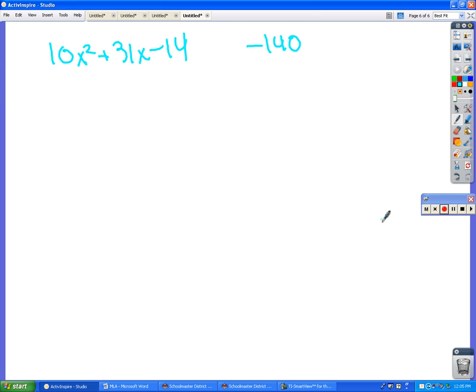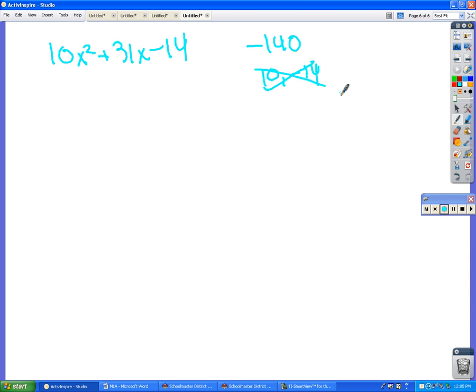So I need 2 numbers that multiply together to give me negative 140 and add together to give me 31. Okay? Someone says I could go 10 and negative 14. Obviously, those multiply to be negative 140, but do they add to be 31? No, so those won't work. Okay?